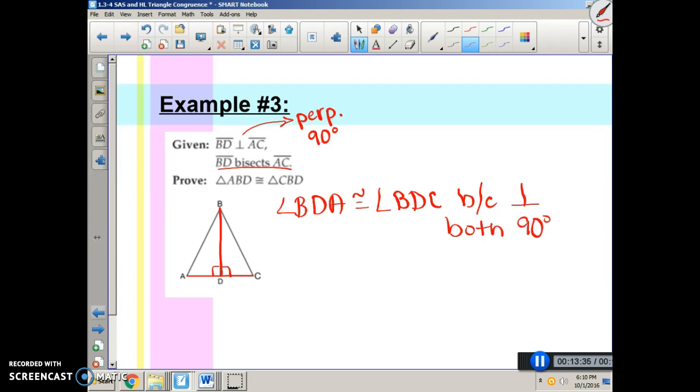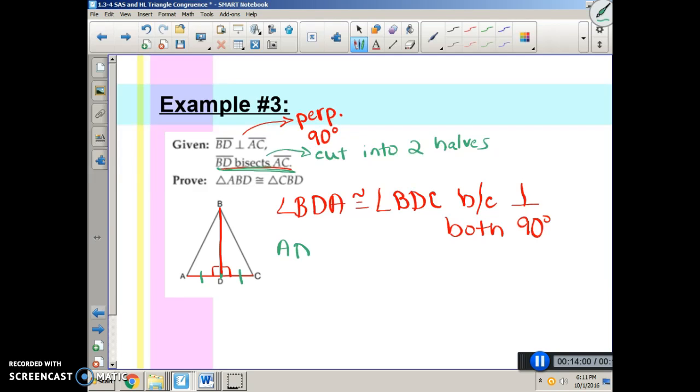Right now I'm not getting any of my hypotenuse told to me, so we'll hold off on that. Let's see what this bisecting thing does for us. Remember, bisect means to cut into two equal halves. Alright, so if BD bisects AC, right here, that means that this half equals this half.